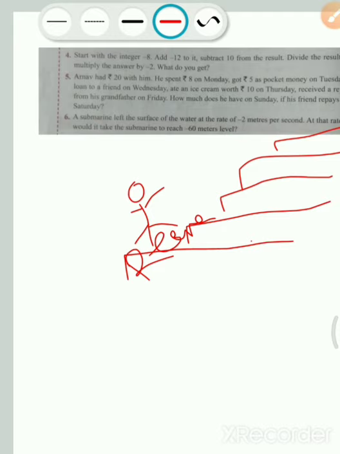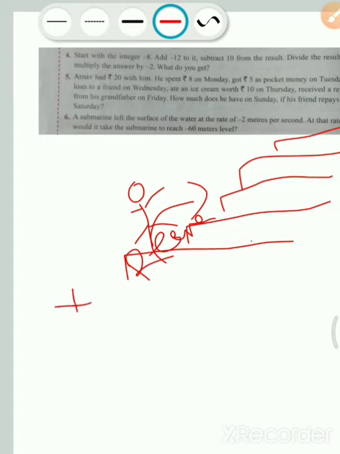Rina climbs 5 stairs every second and then climbs down 2 stairs over the next second. How many seconds will she take to climb 60 stairs? While she is going up, it is represented by a positive integer.